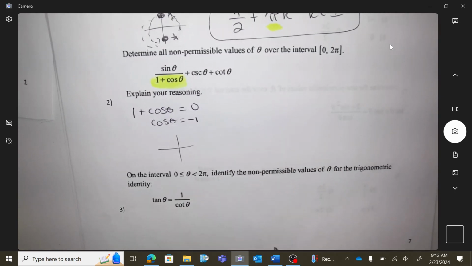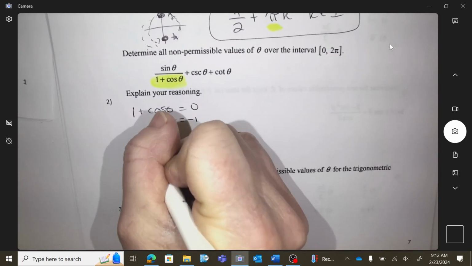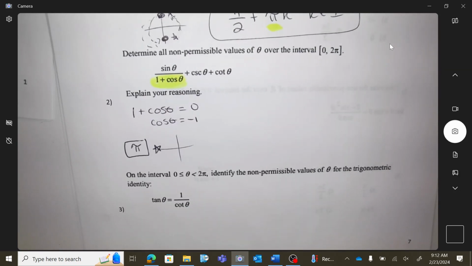So where would you find that on that unit circle where cos would end up being -1? Over there. So I would worry about pi. Pi would make this have an undefined value.